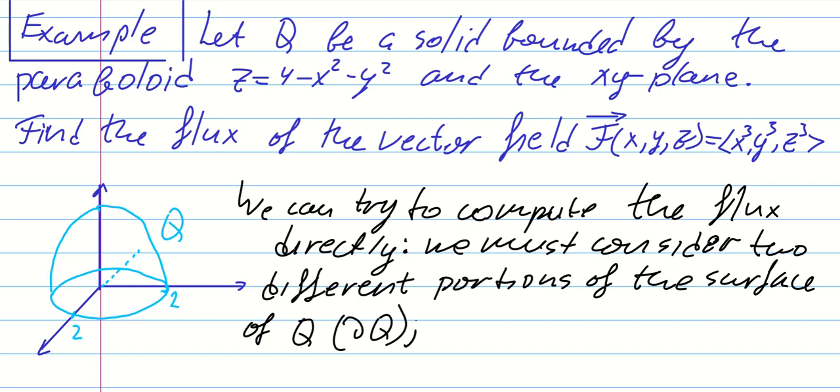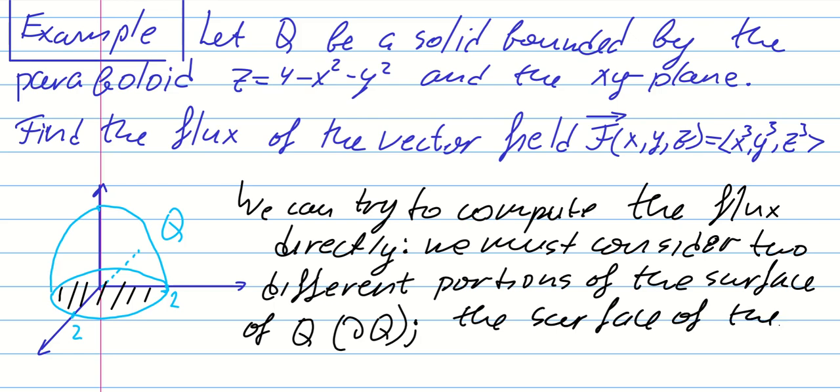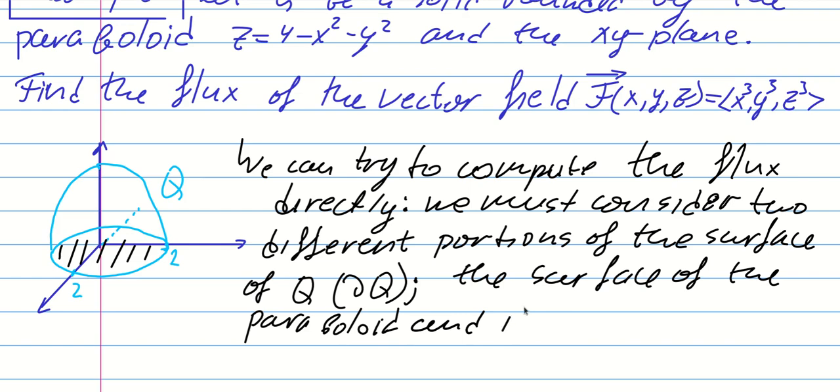Because we have this top over here, which is the paraboloid itself, and on the bottom we have a circle. So basically the surface of the paraboloid and its base in the xy plane.